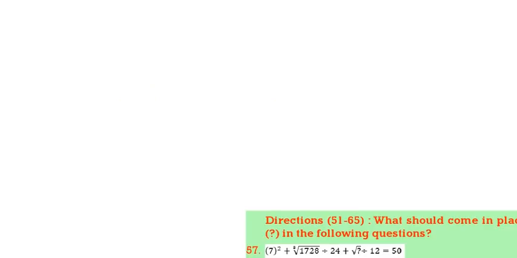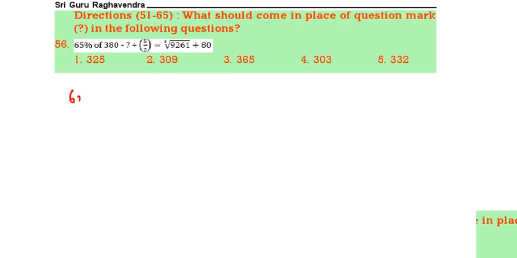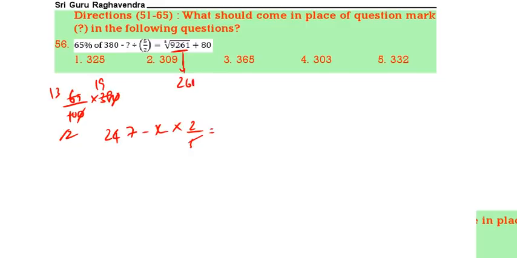Then 56. 65% of 380. So 65 by 100 into 380. That is 247 minus x into 2 by 5 is equal to cube root of 9261, 21. 21 plus 80, 101.